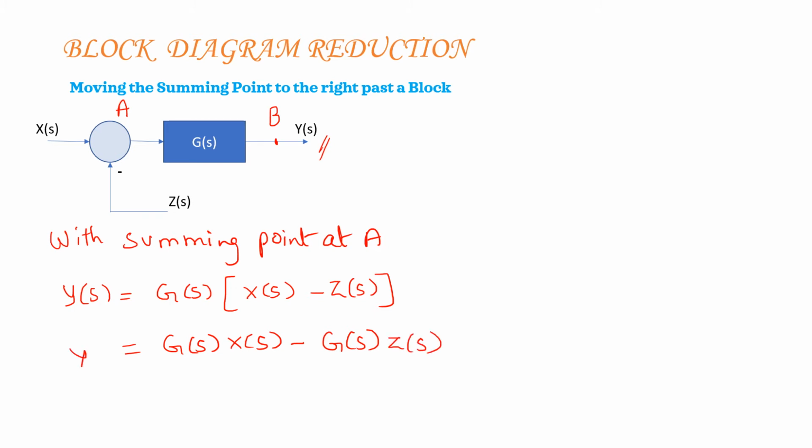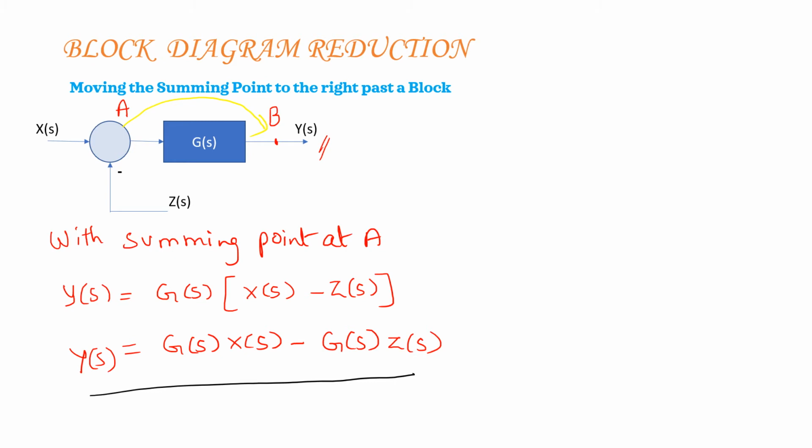So even if the summing point is shifted from A to B, my output y of s should be this same one, that is g of s x of s minus g of s z of s.